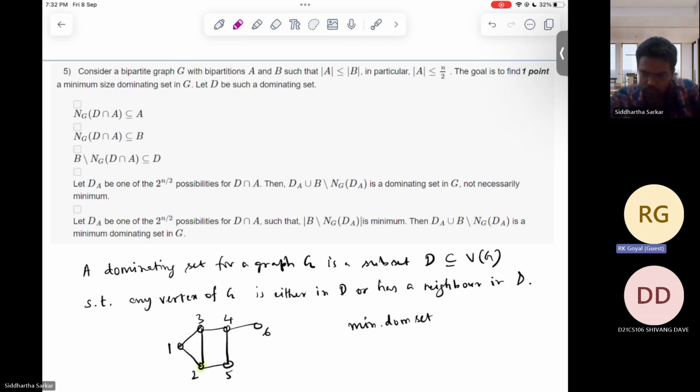Isn't this the same as the vertex cover? No. The vertex cover is the smallest number of vertices covering all the edges of the given graph.